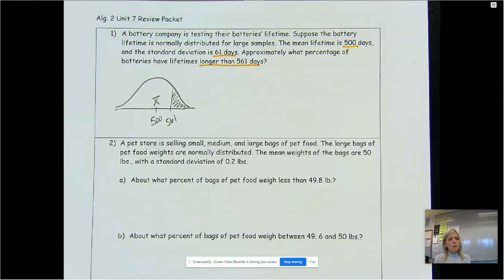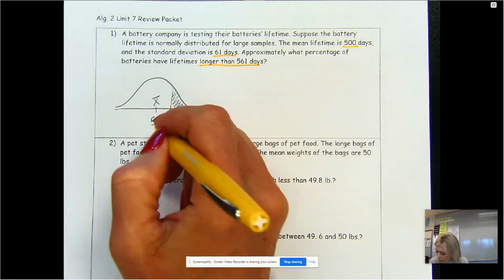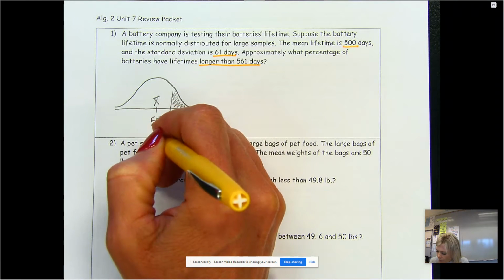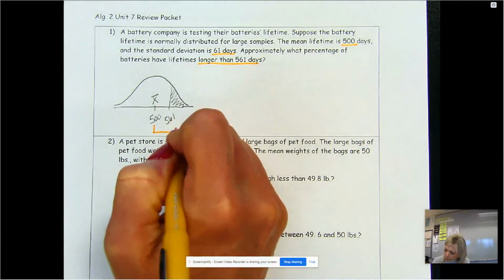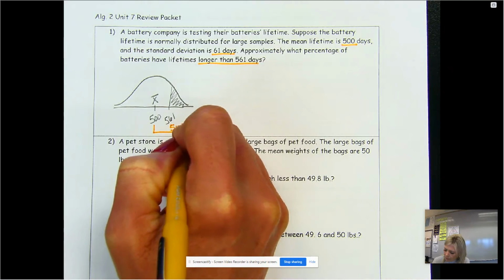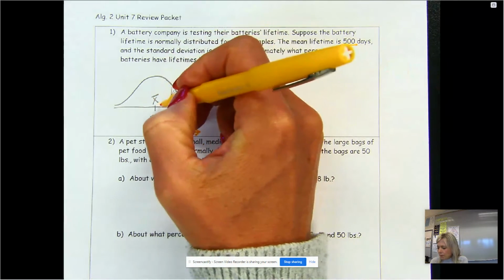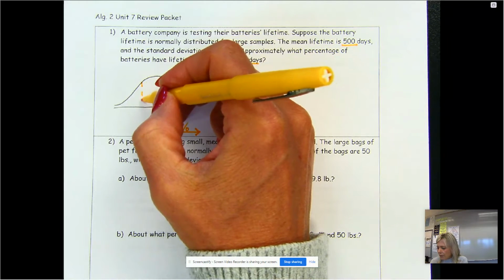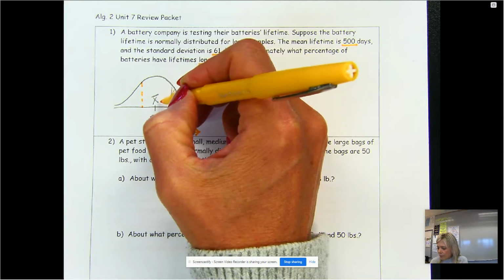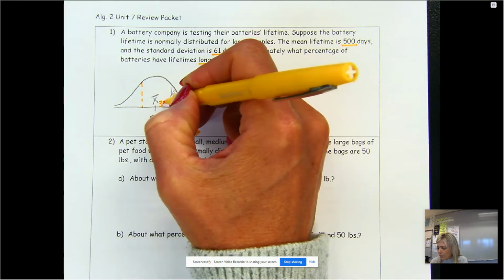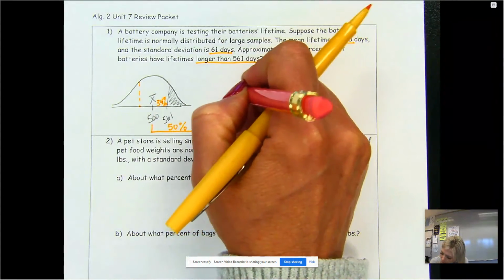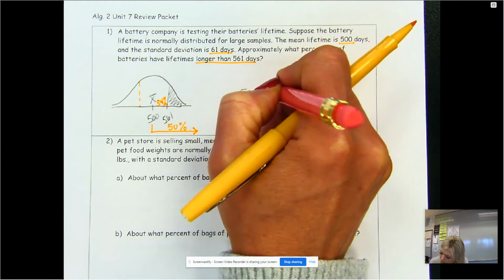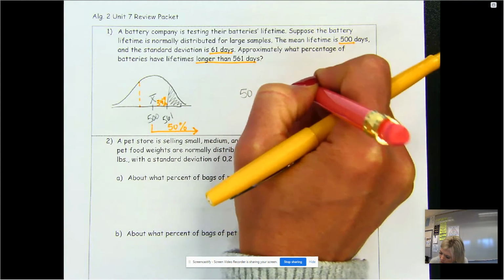From the mean to the very highest battery life is 50% of the data. But this space right here is half of the 68. So this little part to the mean is 34% of the data. And so to answer number one, I would say 50 minus 34 is equal to 16%.